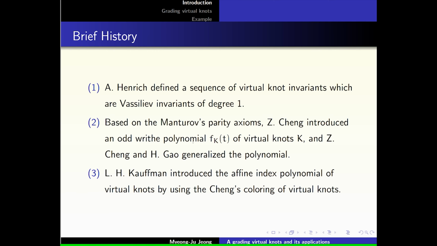In the paper, they used the coloring of the Gauss diagram of virtual knots. By analyzing the coloring, Kauffman introduced the affine index polynomial of virtual knots, and it is easy to calculate the affine index polynomial, and it is useful to compare virtual knots.